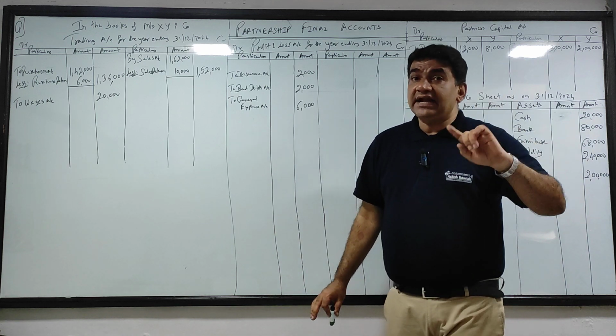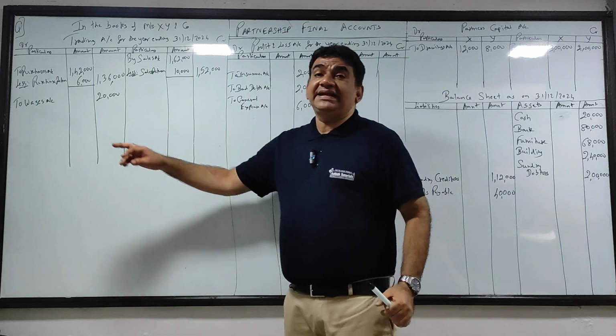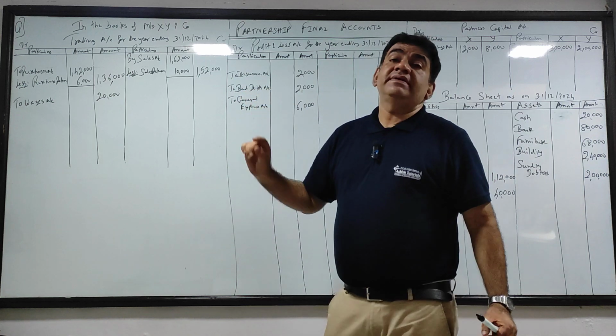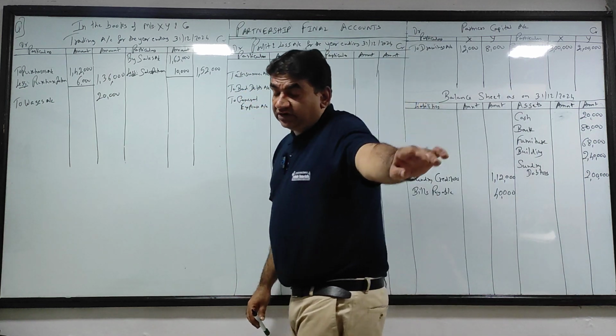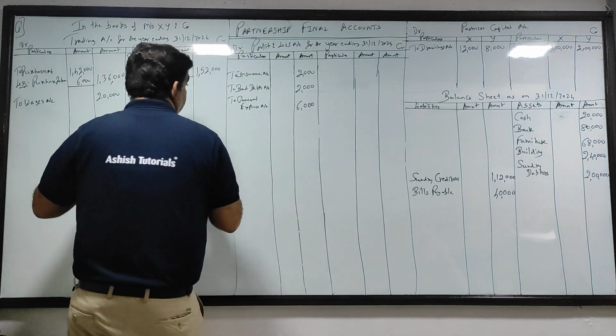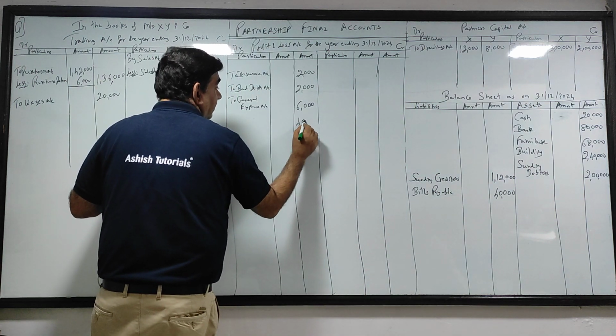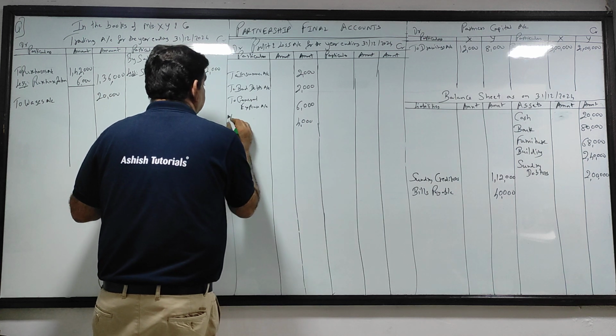Any expense incurred at the time of purchase of goods will be direct, but sale will be indirect. So traveling expense, nothing is mentioned, it will be incurred by the salesman, indirect expense, therefore debit P&L.